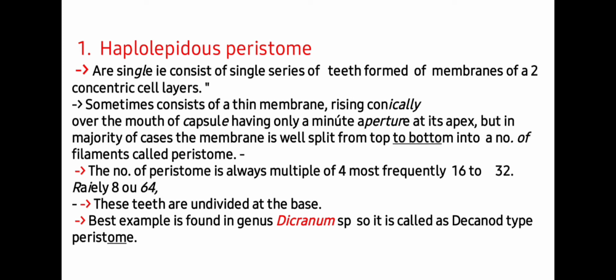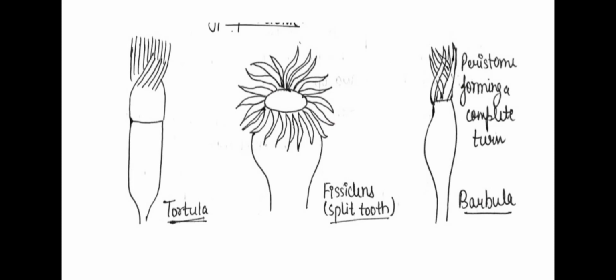The number of teeth is always a multiple of 4, most frequently 16 to 32, rarely 8 or 64. These teeth are undivided at the base. The best example is found in the genus Dicranum, so it is also called the Dicranum type peristome. So here you can see these images. In the case of Fissidens, there is splitting of the tooth, while in Barbula and Tortula, peristomial teeth form a complete ring.